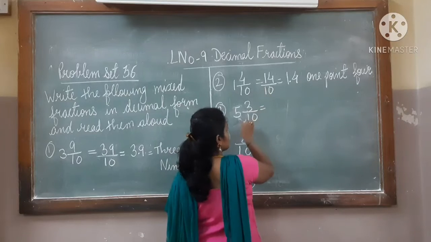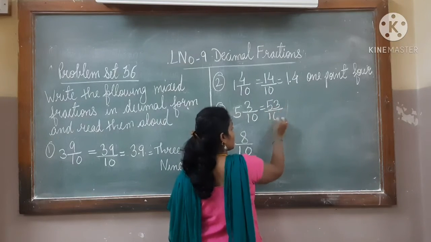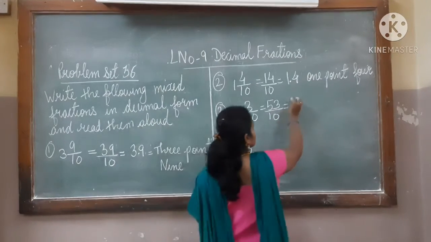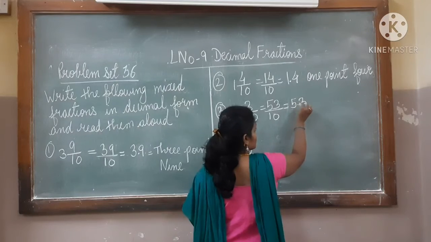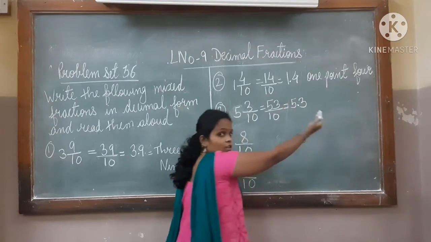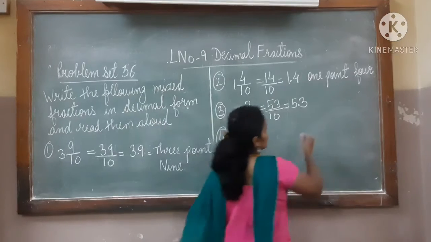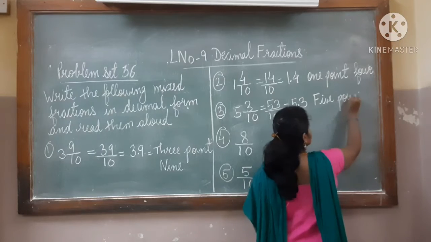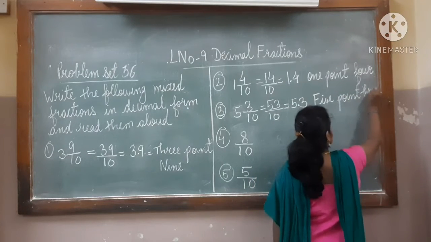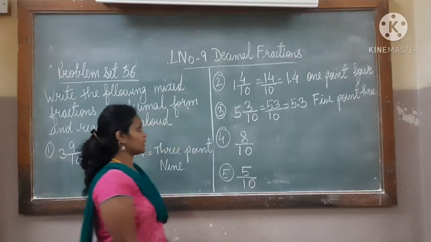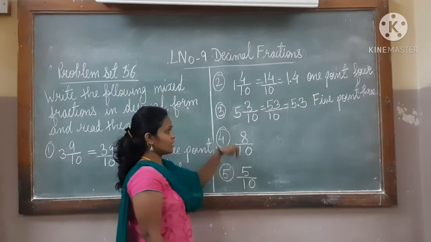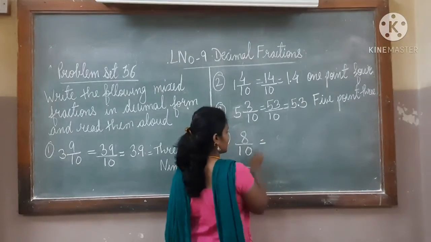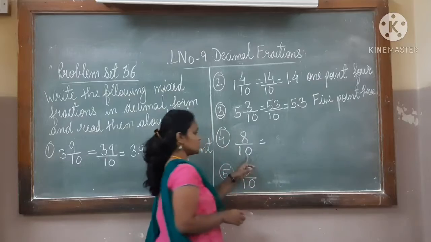So again you will write same, this 53 upon 10. Decimal point will come after one number, because only one zero is there.